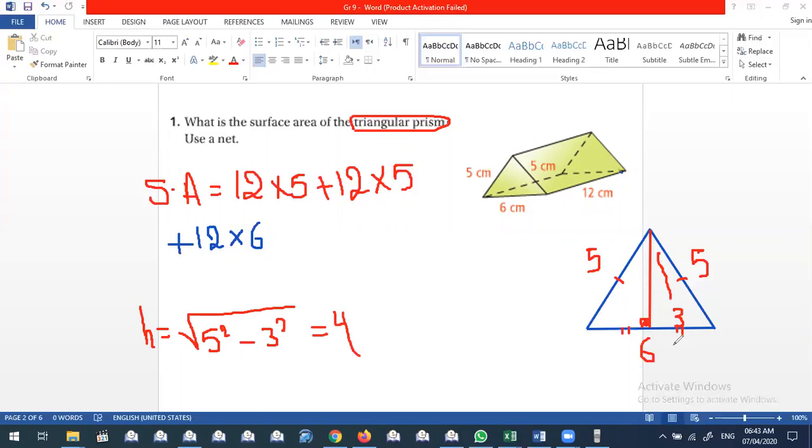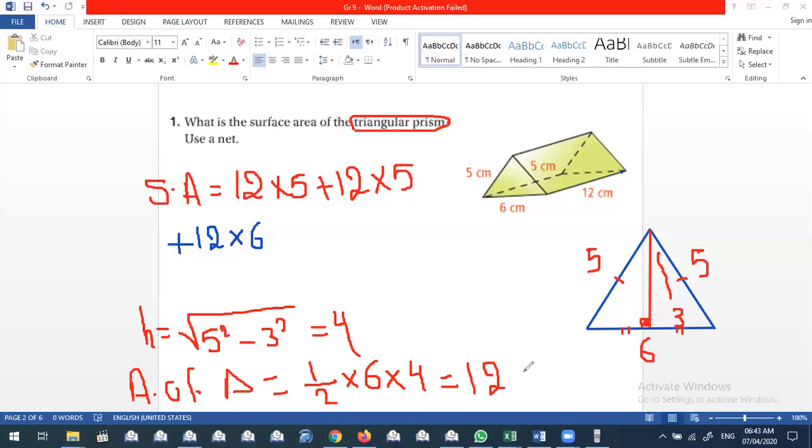So now I have the height. Area of triangle is half times base, base is 6 because I need the whole triangle, times the height 4, equals 12 centimeters square.